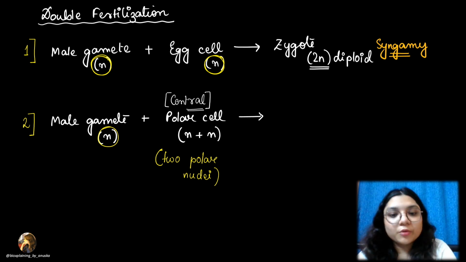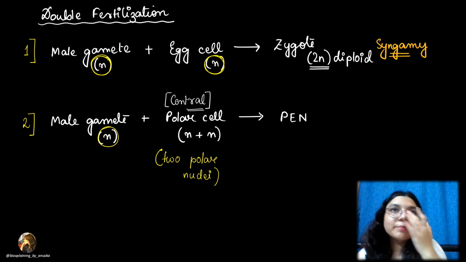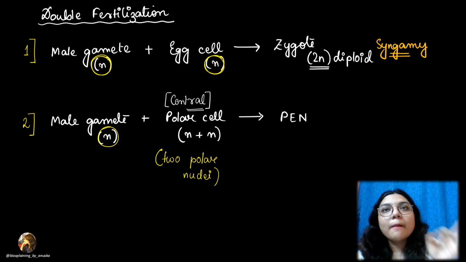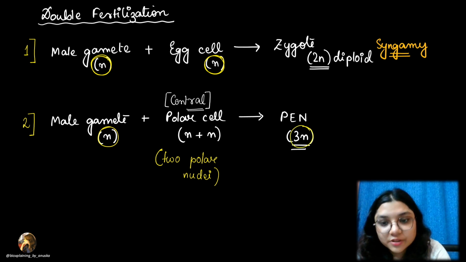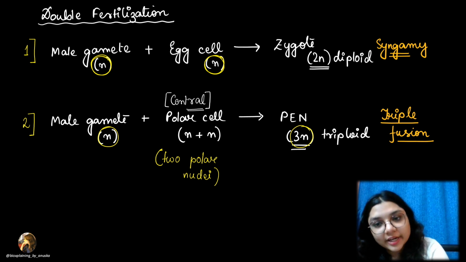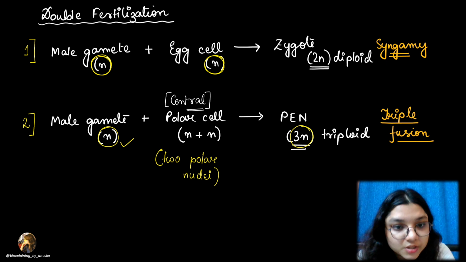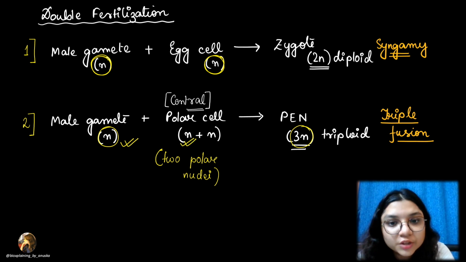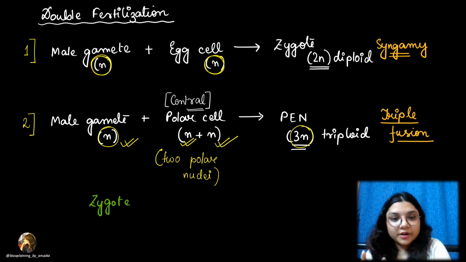The central cell has two polar nuclei which now fuse with the male gamete. This leads to the formation of the PEN. What is PEN? Primary endosperm nucleus. So this gives rise to a triploid primary endosperm nucleus, right? This is known as triple fusion. Why triple fusion? Because this is one nucleus, this is the other nucleus, this is the third nucleus. So three nuclei fusing, hence this is known as triple fusion, right?